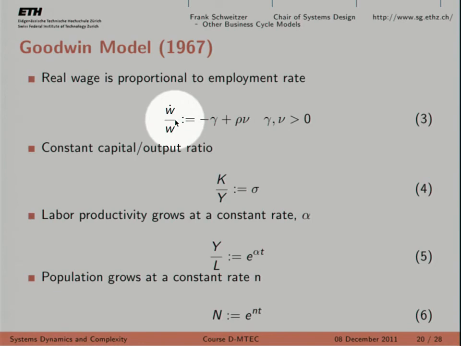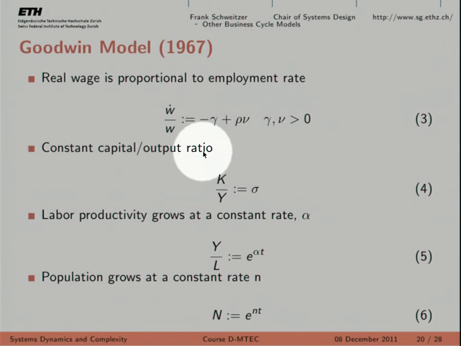So this is a curve which basically goes like this. On the x-axis you have the employment rate. On the y-axis you have the relative increase in real wage, and it goes like that. So when the employment rate increases, bargaining power of workers increases, and real wage also increases. So this is the assumption for the relative rate of change of the real wage.